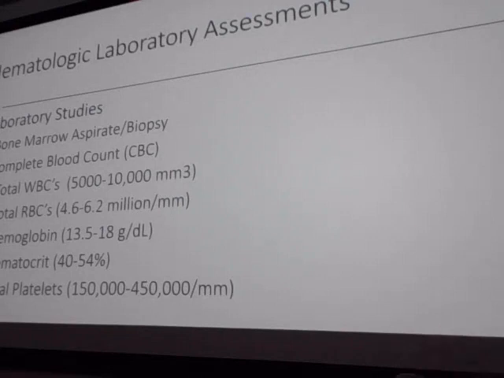So hypoproliferative anemia is the underproduction of red blood cells by the bone marrow. But it's usually because of insufficient dietary intake.